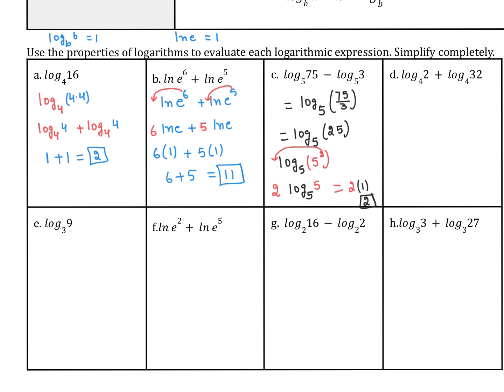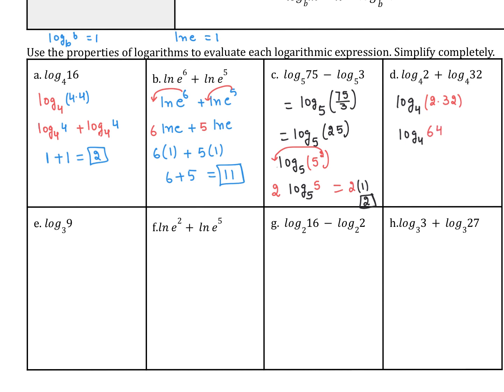For the next question, I'm going to apply the addition to product property. So it's a product property where I'm going to write the log base 4 of 2 times 32. What you get here is log base 4 of 64, since 32 times 2 is 64.